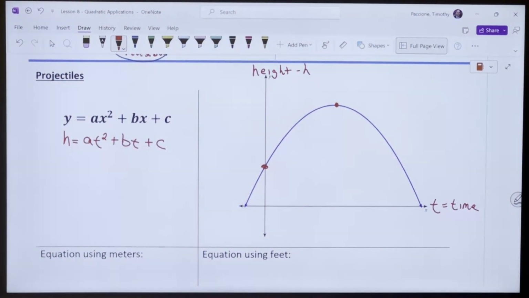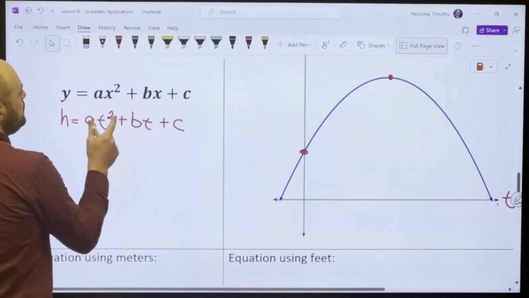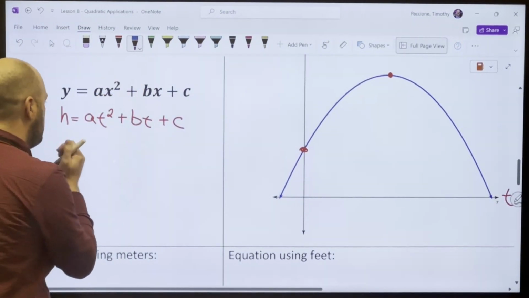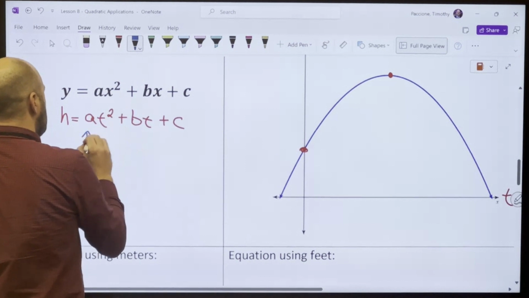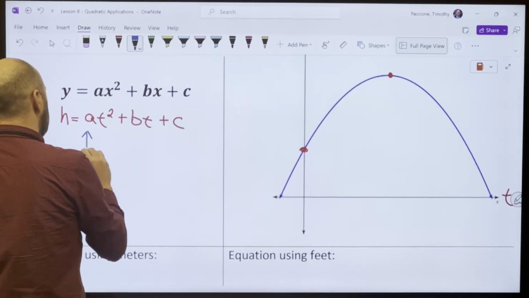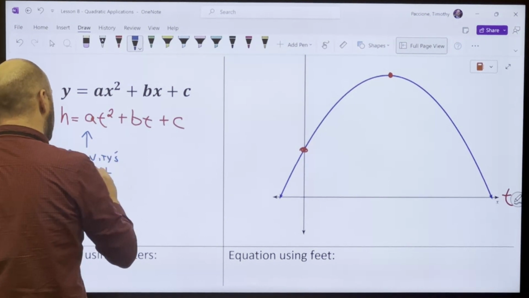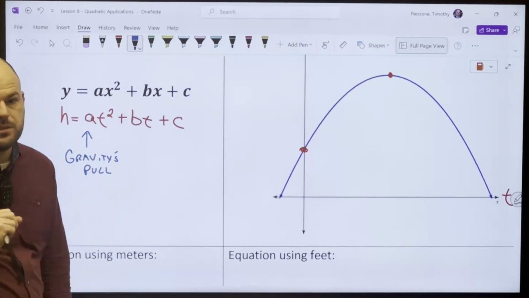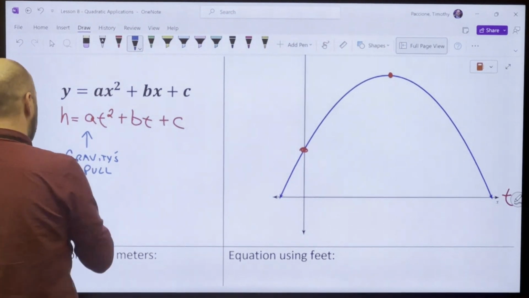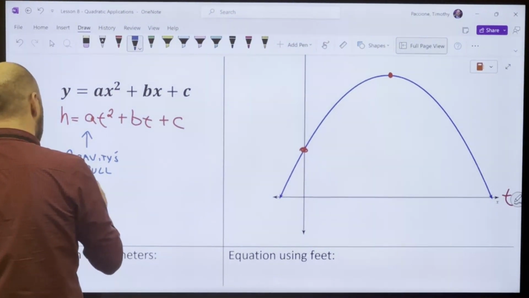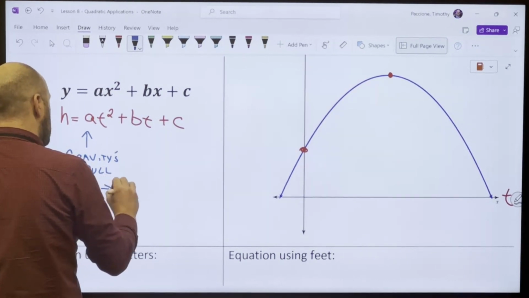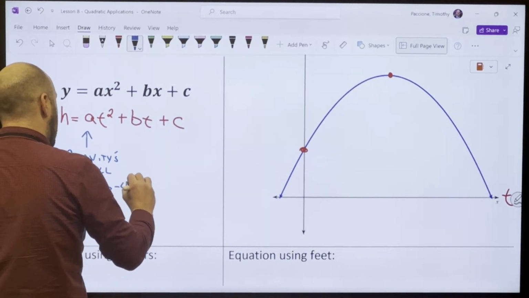Now, let's talk about the a, b, and c, because we're going to need to know those if we're going to write these equations. So our a value is gravity's pull. And it's going to be one of two numbers. If it's in meters, which is m, it's going to be negative 4.9.